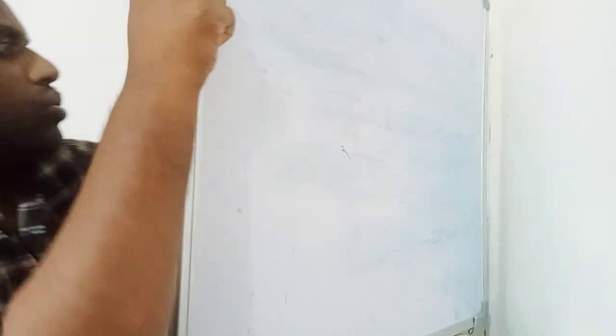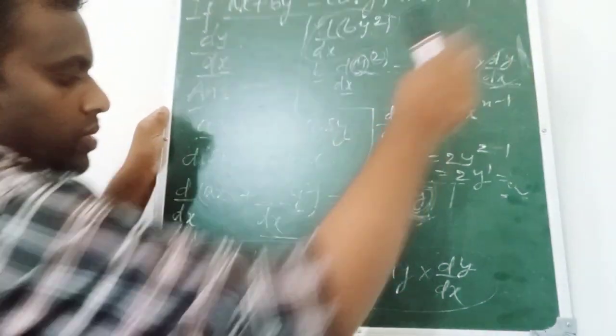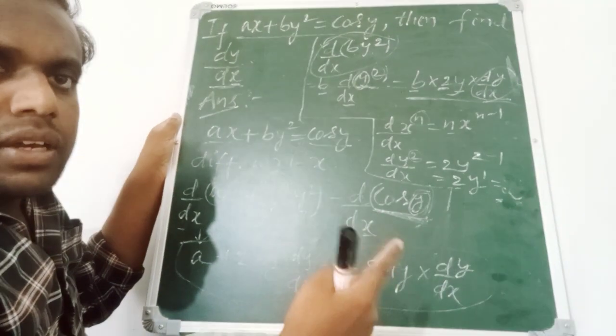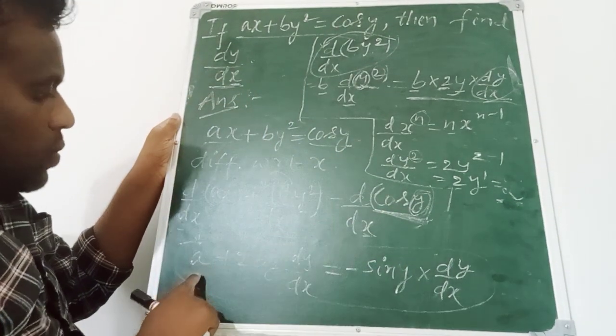Now what I will do, I will write the same thing, whatever is there here, once again in the back side. What is this?